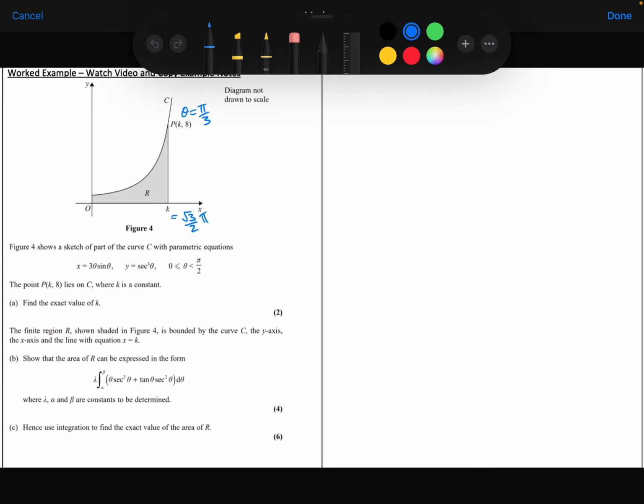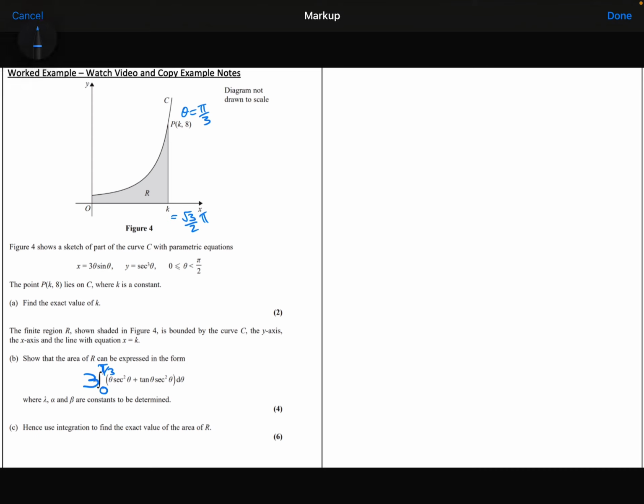Right, part C. Hence, use integration to find the exact value of the area of R. Now, there's a reason why they've told me to write it like this. So let's not worry about the 3 for the minute.